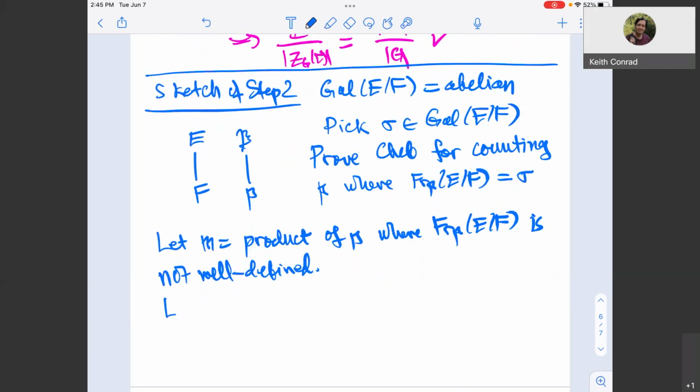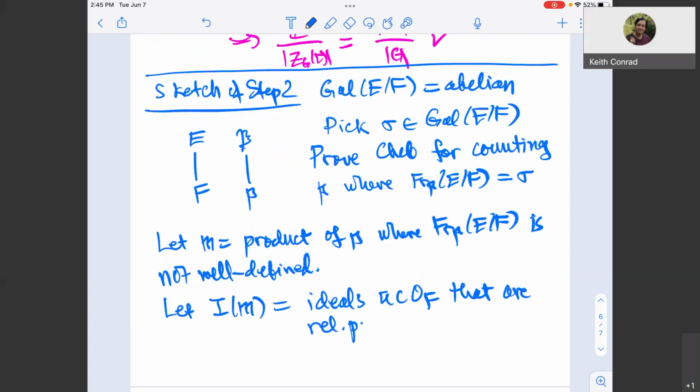And so let's look at the ideals that are relatively prime to M. We can factor into prime ideals, so you want to take the ones that are relatively prime to M. You want to look at the ideals that don't have a prime factor where the Frobenius is not defined.